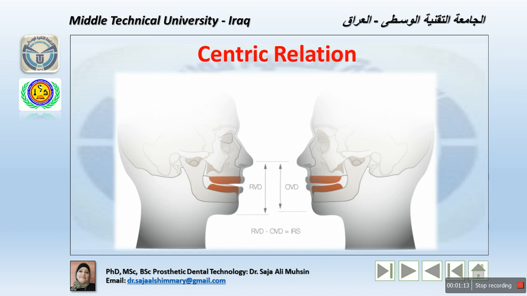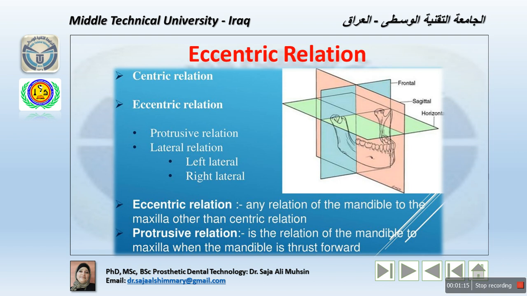prosthesis. We also have the eccentric relation, which is the relation of the mandible to the maxilla other than centric relation that occurs in the horizontal plane, and these are related to protrusive relation and lateral relation, in terms of lateral to left or lateral to right.